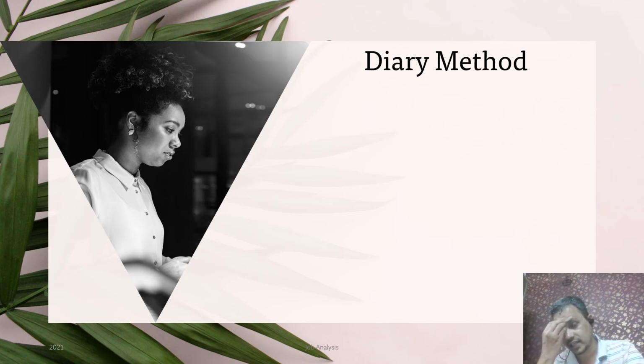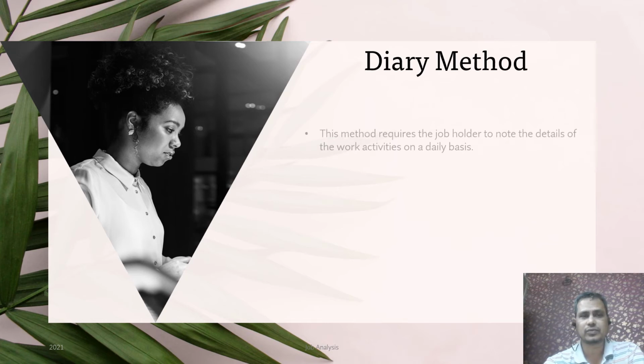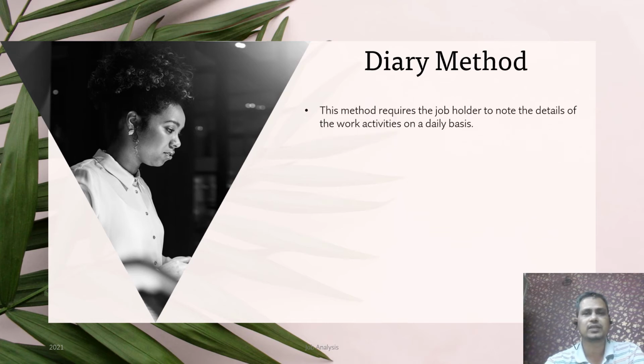Yeah, there is one more basic method, which you can see here with the diagram, where a person is given a diary. So the diary method is also a general basic way of gathering information about the job. What happens is that the job holder is given a diary and asked to record the required or desired information on a day-to-day basis, or as and when work happens.